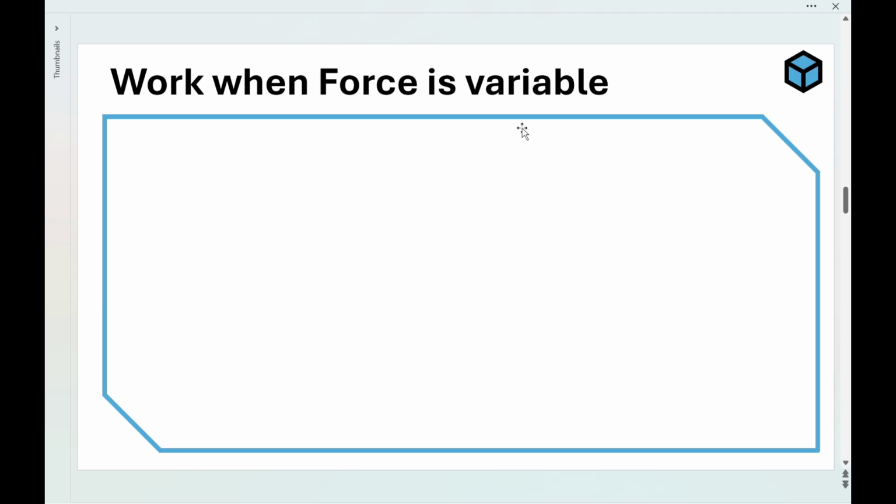What is the work when force is a variable quantity? Let's say force is a function of position, or force is a function of time. Then how to find the work?